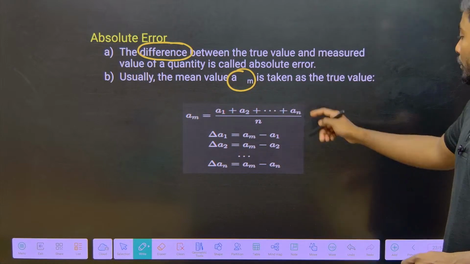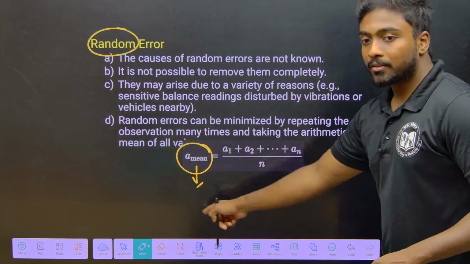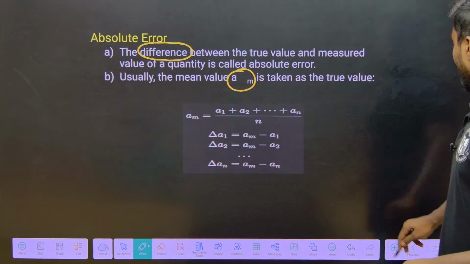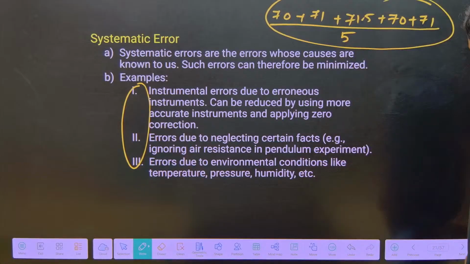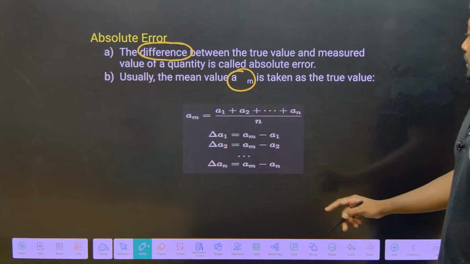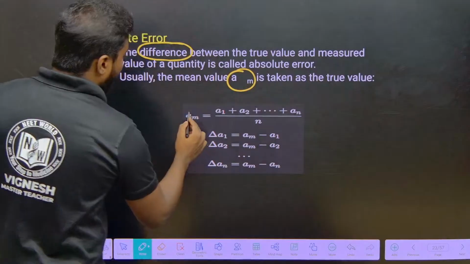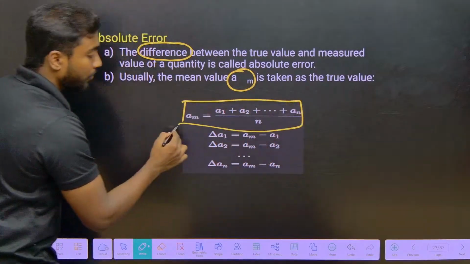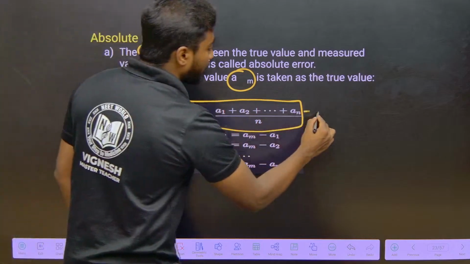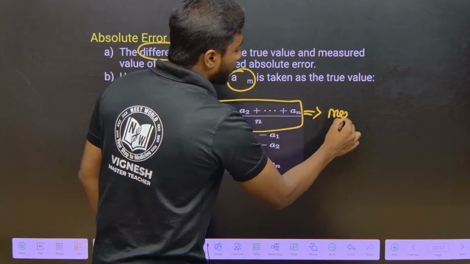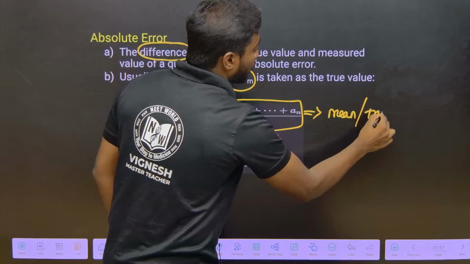This is the true value, and whatever we have seen here is the measured value. That's the formula for the true value, or we can say either mean value or true value.